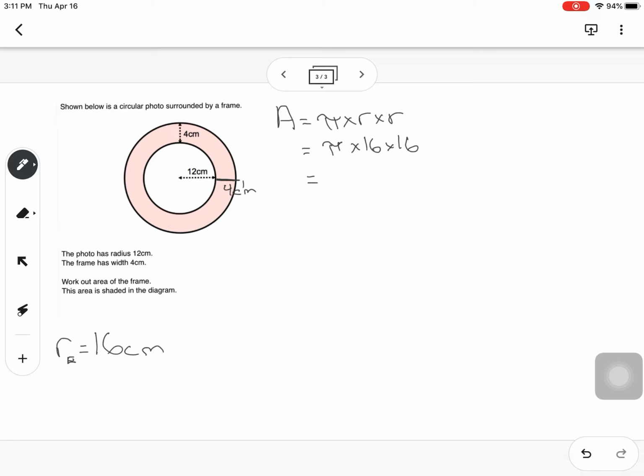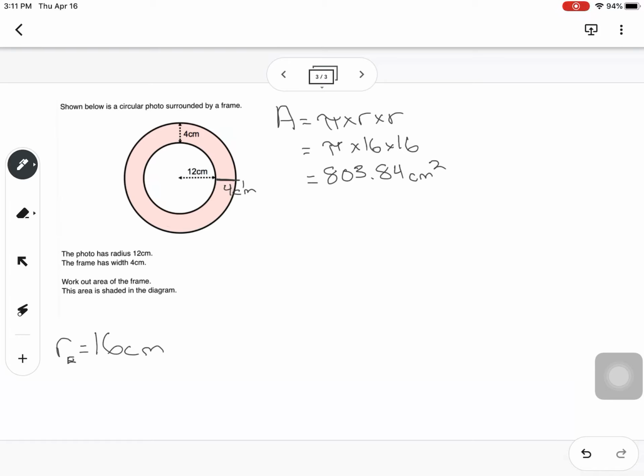Notice how I didn't write 3.14 out that time. We just used the pi symbol as a substitute because it is well known that pi equals 3.14. And our answer is 803.84 centimeters squared. And that's the area of the entire thing.